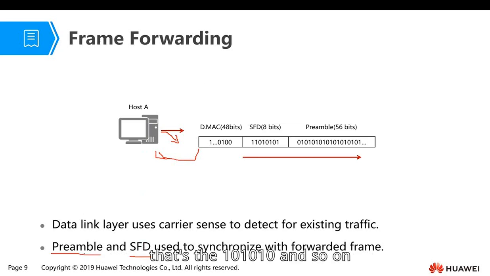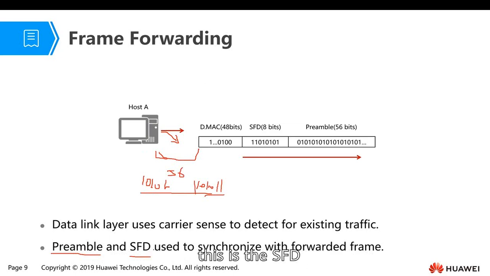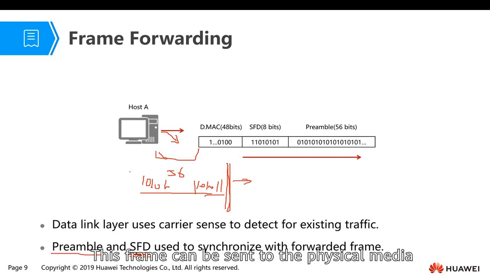That's 10, 10, 10 and so on, 7 bytes, and then the fixed 10, 10, and the last are 11. This is the start of frame delimiter, to let the receiver know the start of the frame. Then this frame can be sent into the physical media.